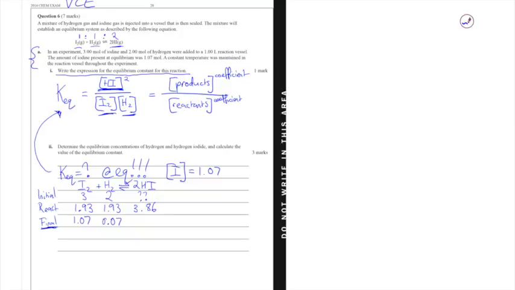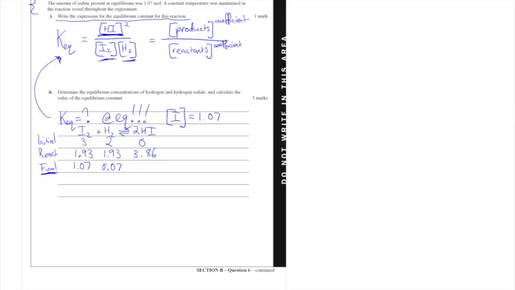A mixture of hydrogen gas and iodine gas is injected into a vessel that is then sealed. So I don't hear any mention of the fact that there was any hydrogen iodide initially present, so I'm going to fill in a value of 0 there, and that means the final value for hydrogen iodide is 3.86 moles.